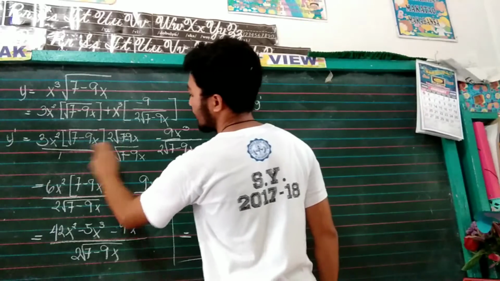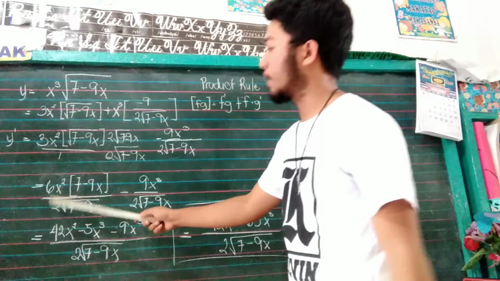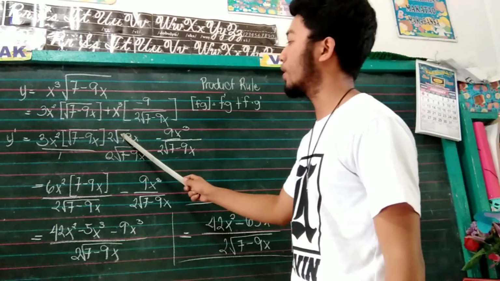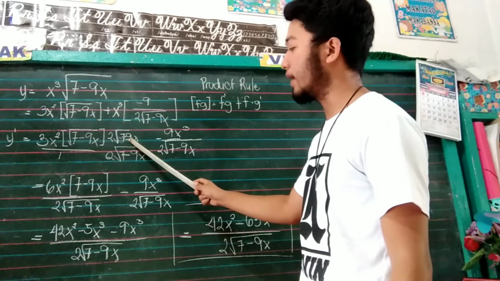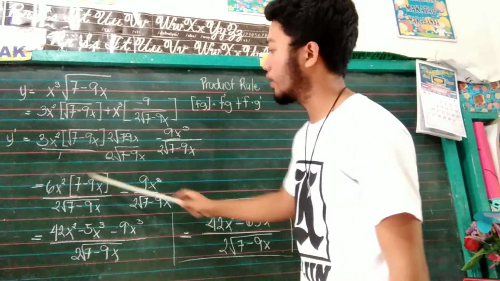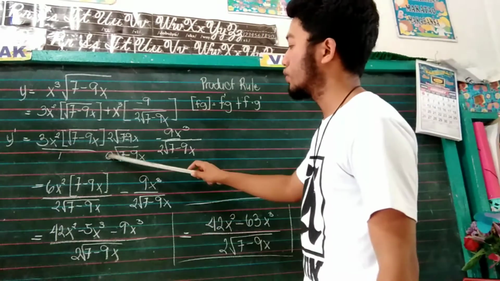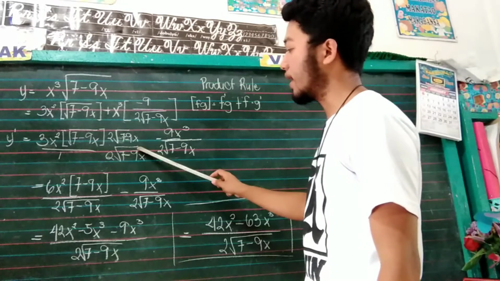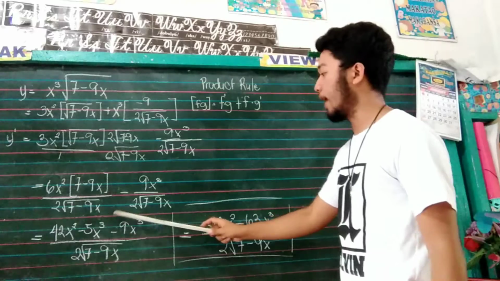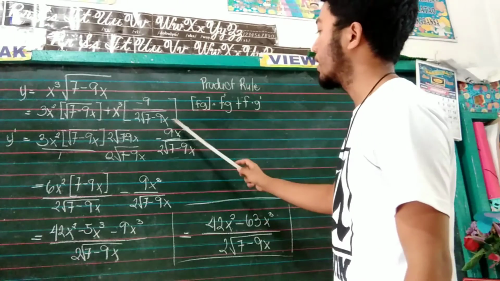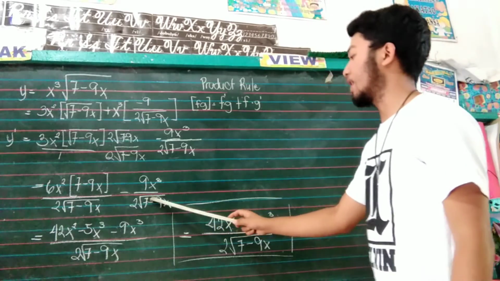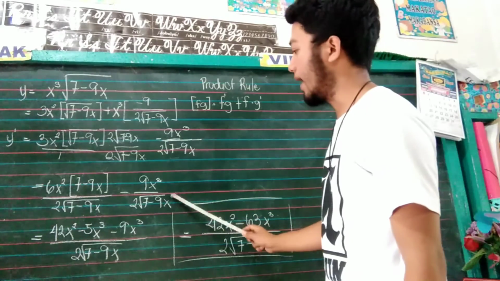3x squared times 2 is 6x squared. So the square root of 7 minus 9x times the square root of 7 minus 9x will be 7 minus 9x, over 1 times 2 and the square root of 7 minus 9x, minus 9x cubed over 2 times the square root of 7 minus 9x.